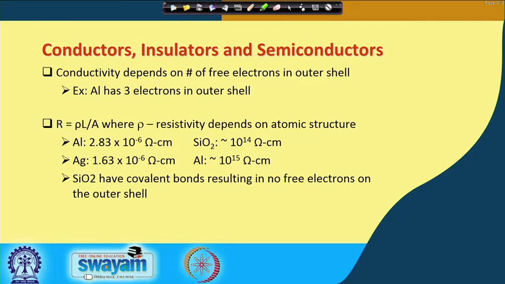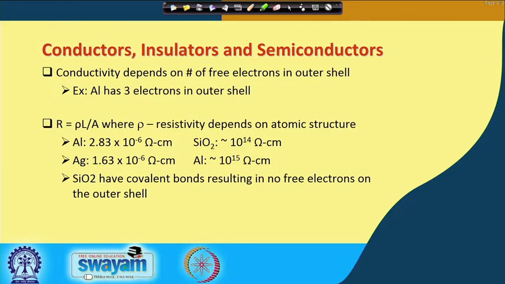So, if an electron has to move, then we must have electrons which are free to move. In other words, there must be free electrons, typically in the outer shell of the atom of the element we are talking about. For example, we know that aluminum or copper are very good conductors of electricity.